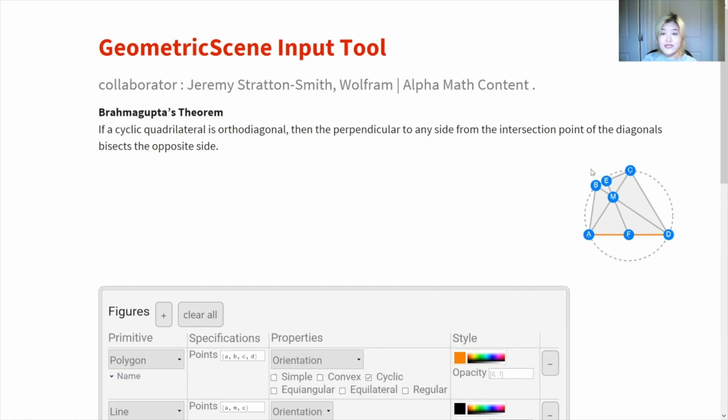So as you can see here, we have a polygon ABC that is cyclic with two diagonals intersecting each other and being perpendicular. And from this point M of intersection, we have a line EF that is also perpendicular to this side BC.